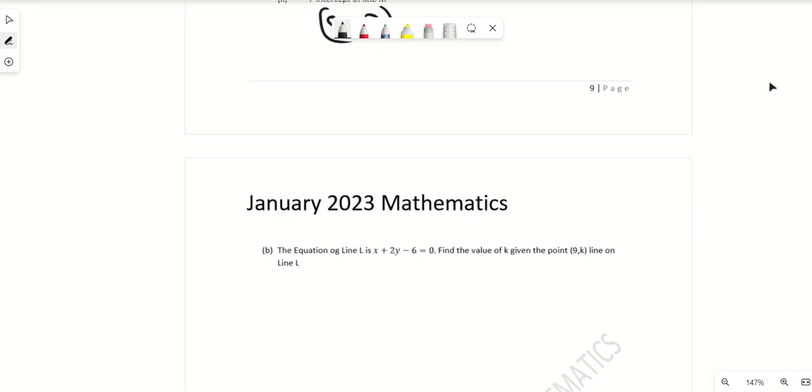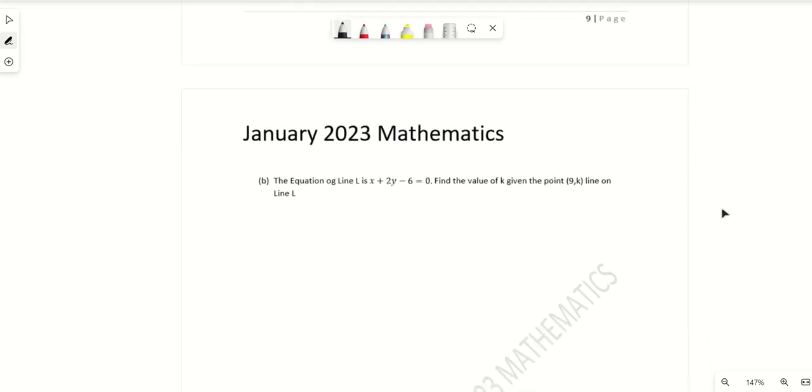The next question is, the equation of line L is x plus 2y minus 6 is equal to 0. Find the value of k given the point 9, k is on line L. So basically, they're telling you the coordinates are 9 and k, right?